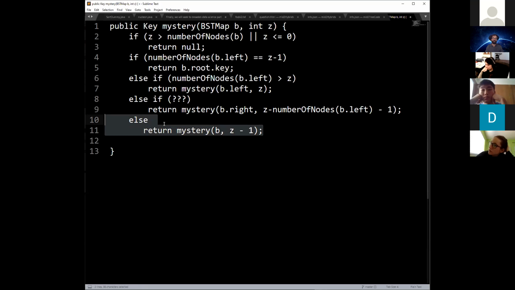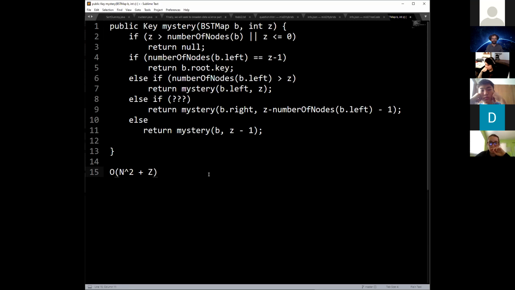If you did something like this, then maybe the runtime would be affected by Z. You might end up with a runtime that's like big O of N squared plus Z. I'm trying to imagine some weird situation like this. Basically, if you're making calls to the same node with some function of Z here, where I don't know what F is, then you can have a runtime that would involve Z and not N. Does it make sense?